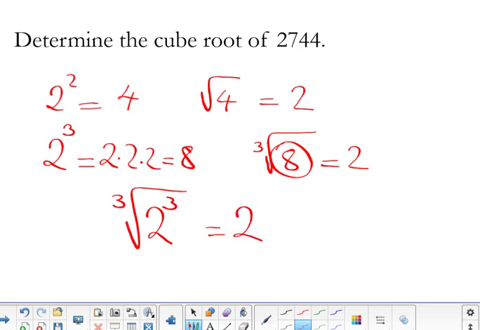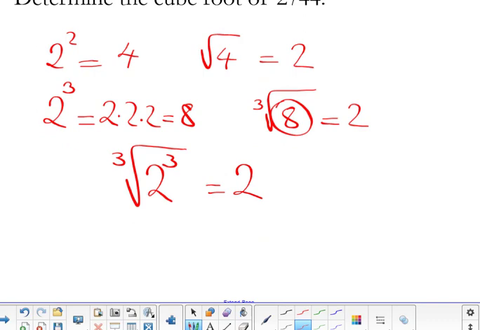So once again, as we mentioned before, squaring and square root are inverse operations, and here we have the same thing going on. If we raise something to the power of 3, which we call cubing, that's one operation. Taking the cubic root is the inverse of that operation.